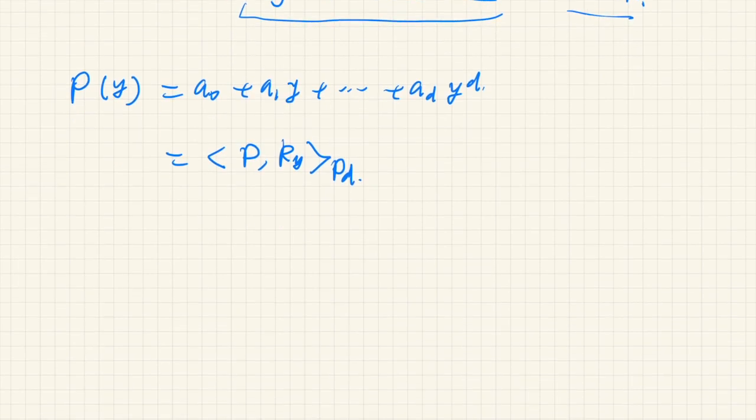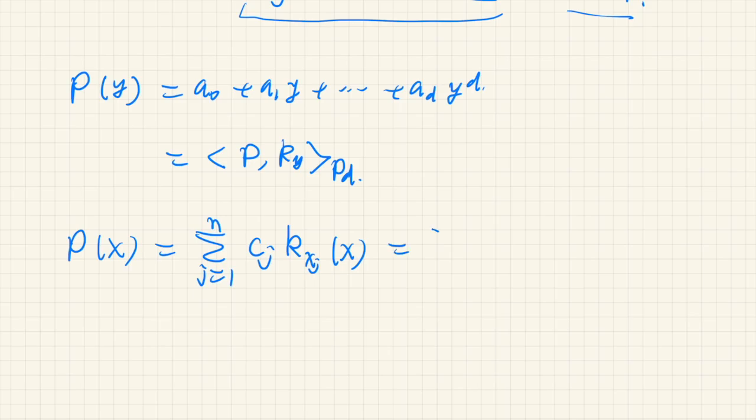So according to the general kernel regression technique, the optimal polynomial that approximates the given data set is given as this: p(x) as a linear combination, sum over j from 1 to n, where n is the number of data points, of some coefficients cj and the kernel function k_{xj}(x), which is equivalently k(x, xj).